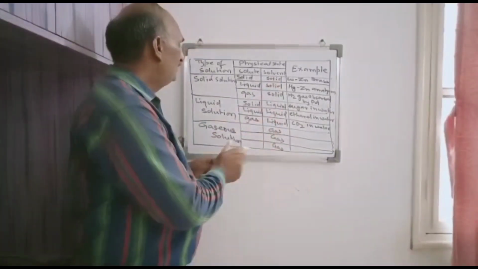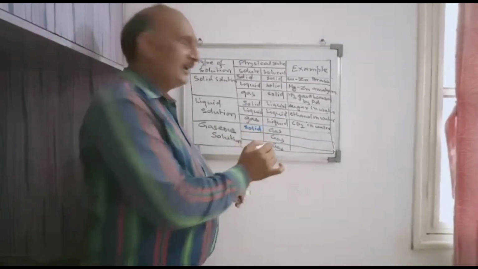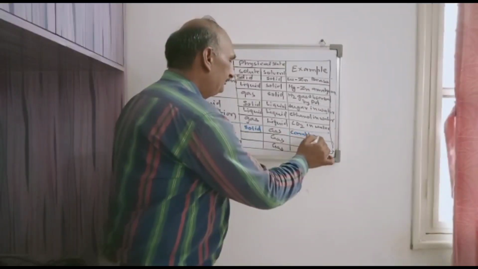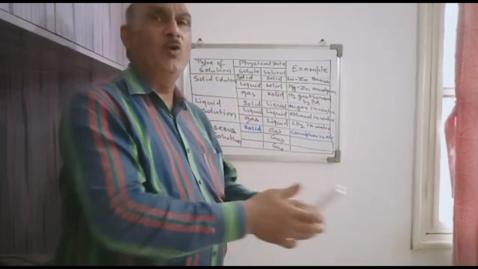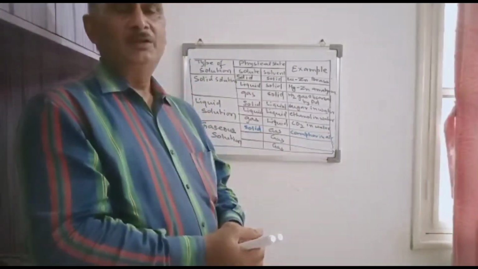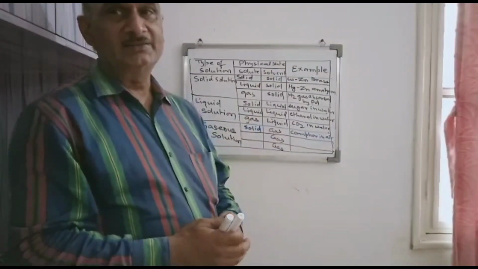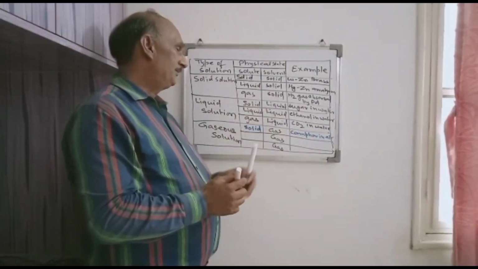Solvent is gas, solute is solid: camphor in air. When you keep camphor in the open atmosphere, it forms a solution with atmospheric gases and we get a gaseous solution.